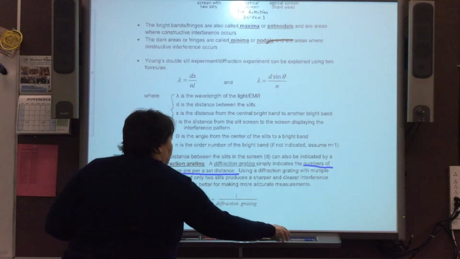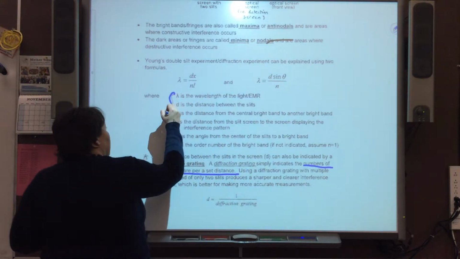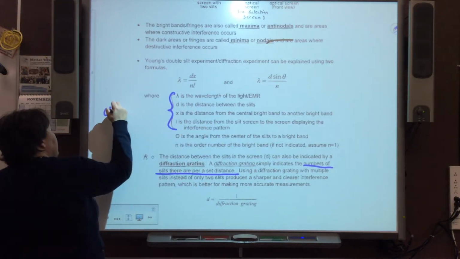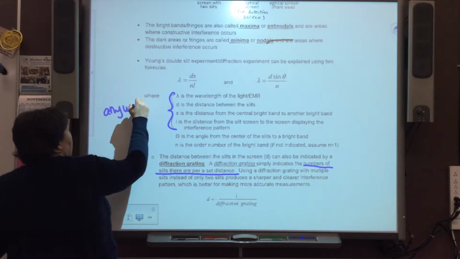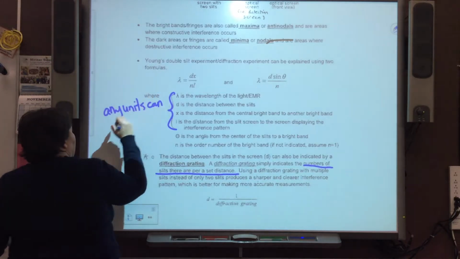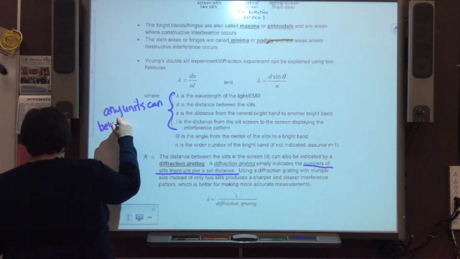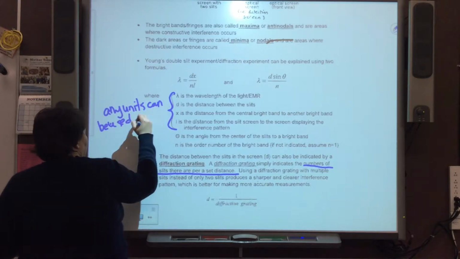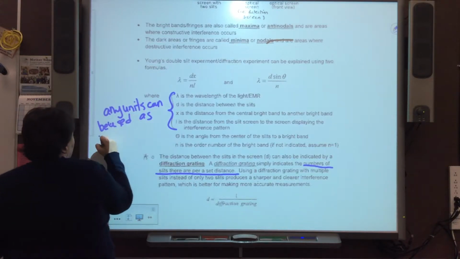The thing that you need to know here is that any units can be used as long as they're the same.